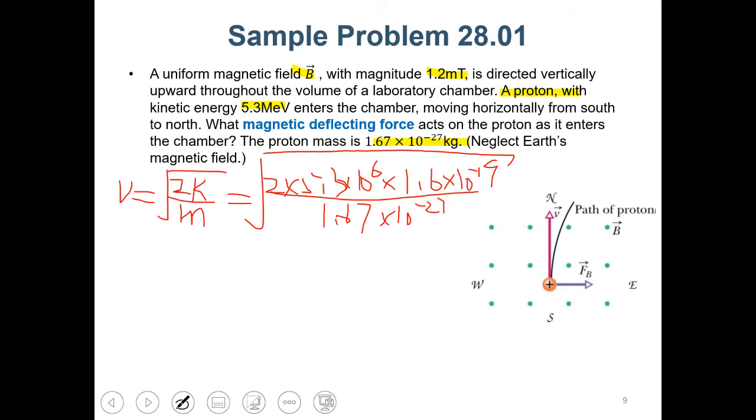Take the square root. So the velocity is 3.2 times 10 to the 7 meters per second, which is quite fast, around 1/10 of the speed of light.